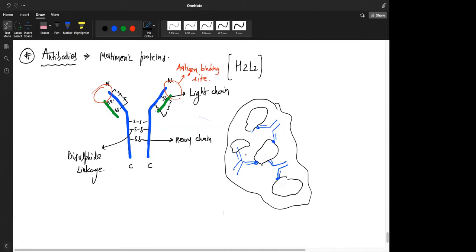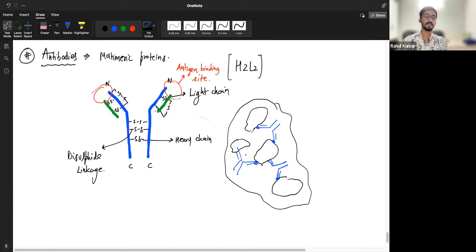So antibody antigen reaction mostly is an agglutination reaction, where something precipitates or forms the bulk or the clot kind of thing. That's why every antibody has two antigen binding sites, which it can bind separately to two pathogens or antigens. Make sense? If it's a living substance like bacteria, we call it pathogen. If it is a chemical, a toxin or something secreted by the bacteria, it's called antigen.